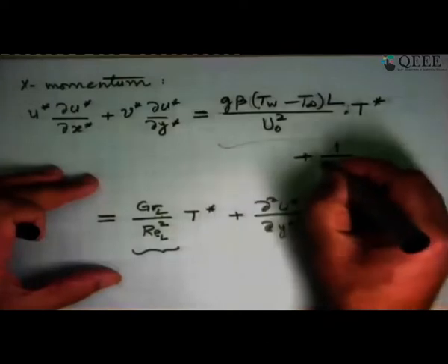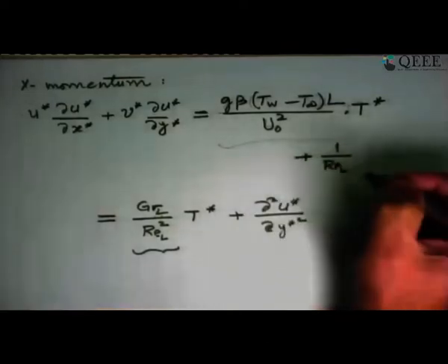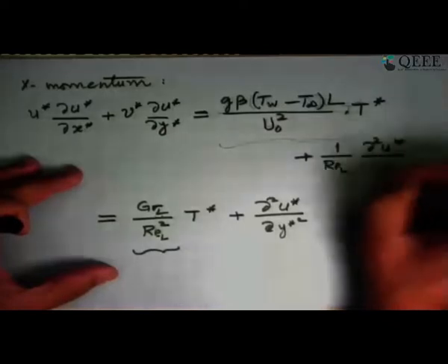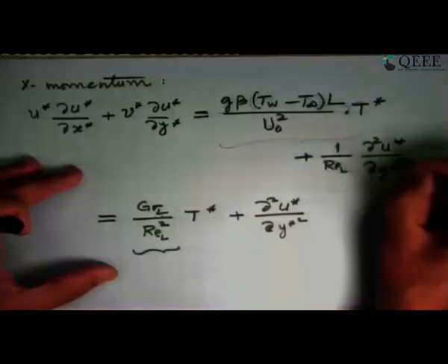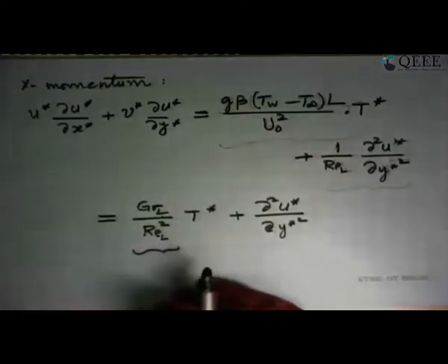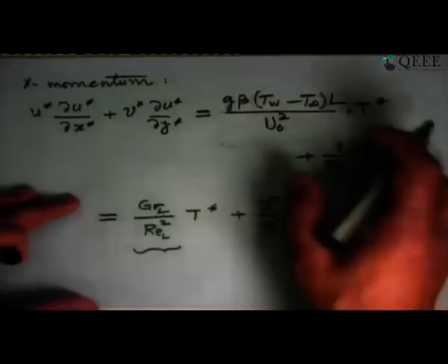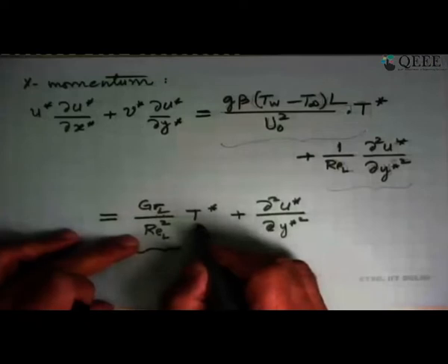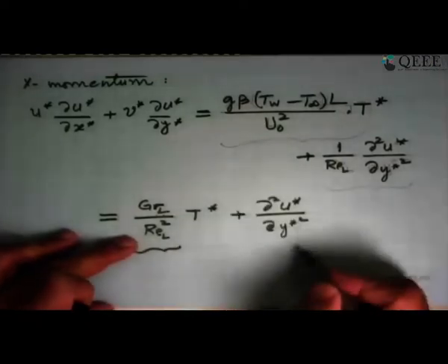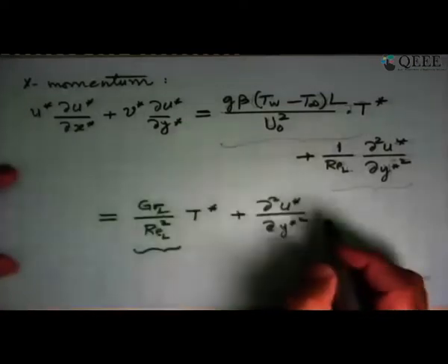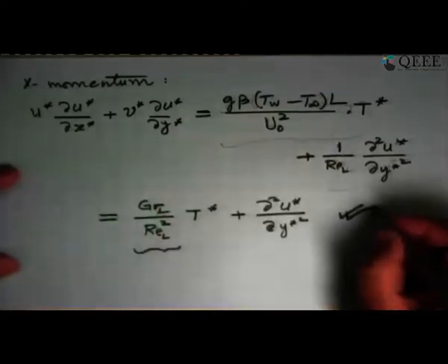This was the buoyancy term. Plus 1 upon REL, the Reynolds number we just defined, del square u star by del y star square. Or you can further simplify it and write it as GRL upon REL square into T star plus del square u star upon del y star square. And that becomes our full x momentum equation in non-dimensional form.